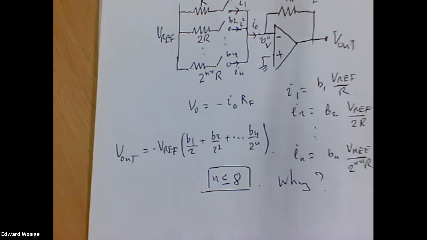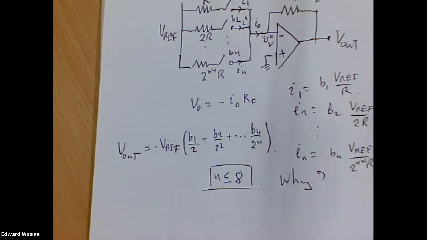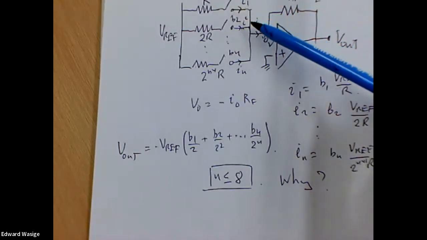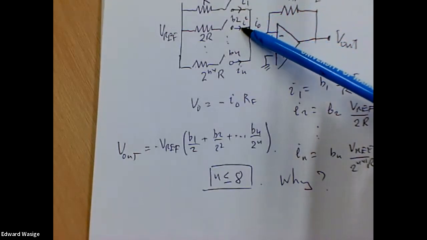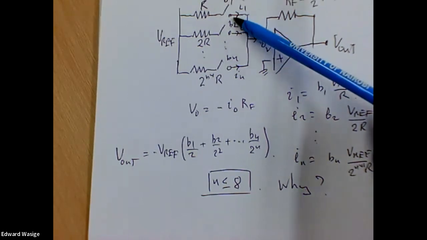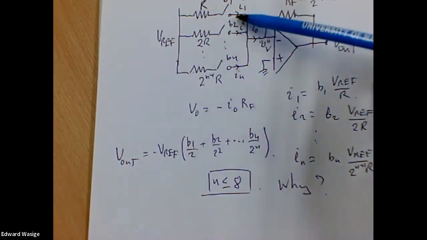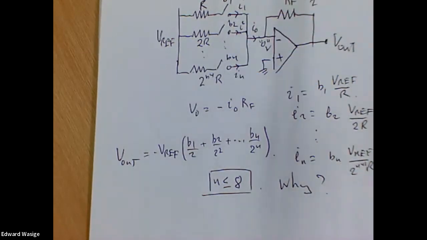We can discuss why the actual number of bits is less than normally we implement this for, up to an 8-bit DAC. Just as if the current here is I, the current here, you should be able to see that it's half, so the current divides by half as you go down this resistor network.